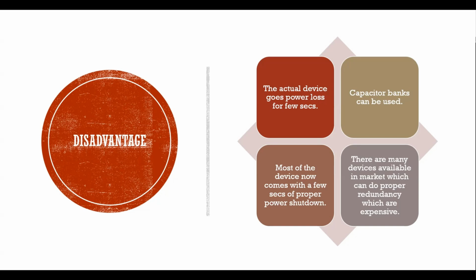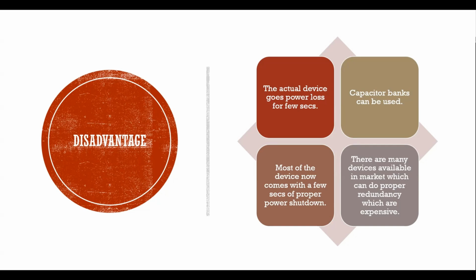Now most devices come with proper shutdown. Any BMS controller comes with a small amount of capacitance where it can hold the power for a certain number of seconds. So that's the disadvantage.